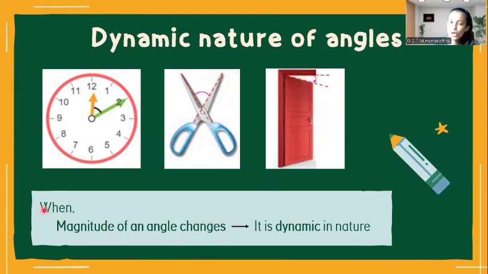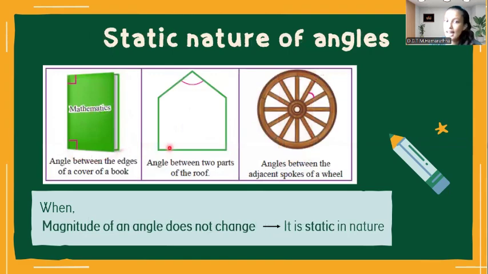Here it says, when the magnitude of an angle changes, it is called dynamic in nature. That means the angles which change with time, or when we are doing something, if the magnitude of that angle is changed, we call them angles with a dynamic nature. Earlier we learned the static nature.